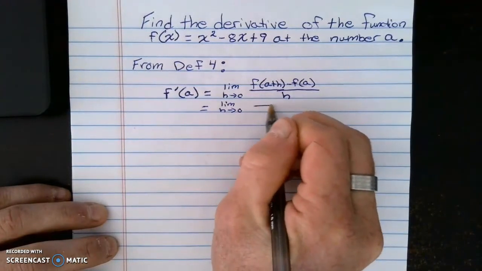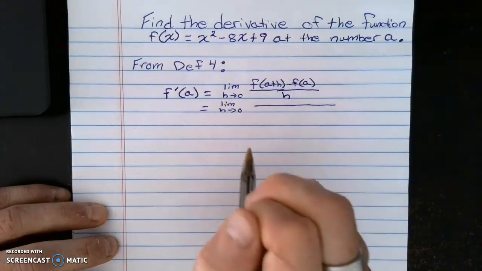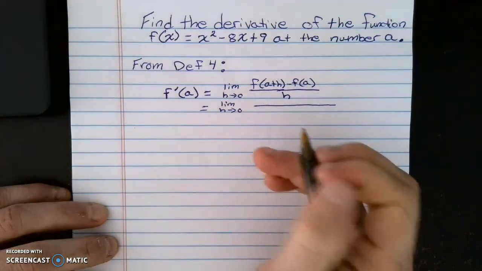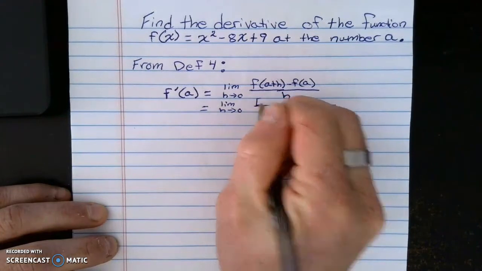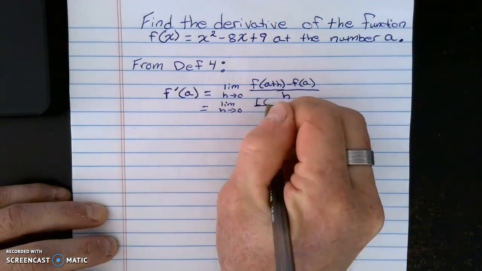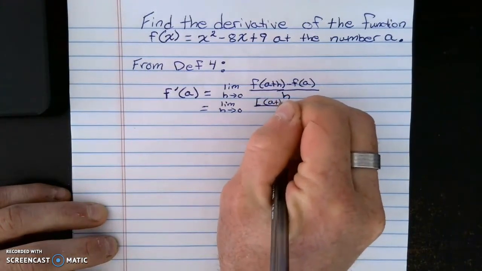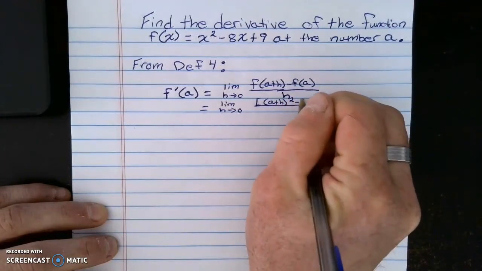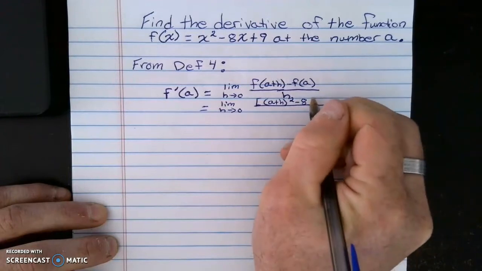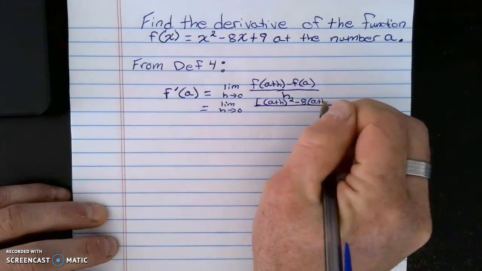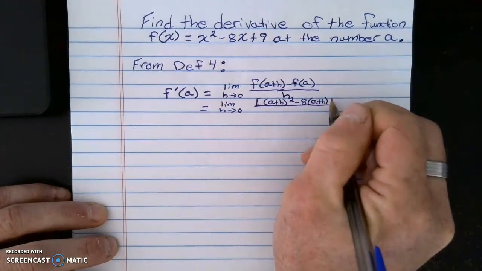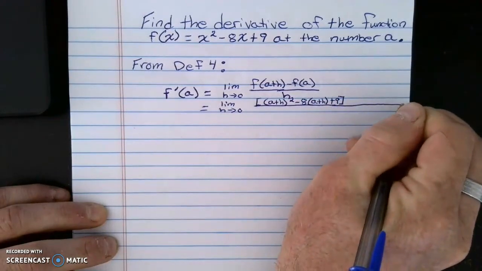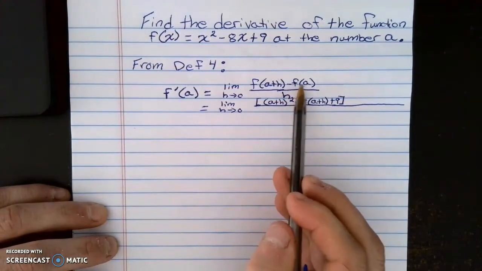So by doing this, we're going to have brackets, and then in parentheses, in place of x, we're going to have a plus h all squared minus 8 times, instead of x, a plus h plus 9. Close the bracket.